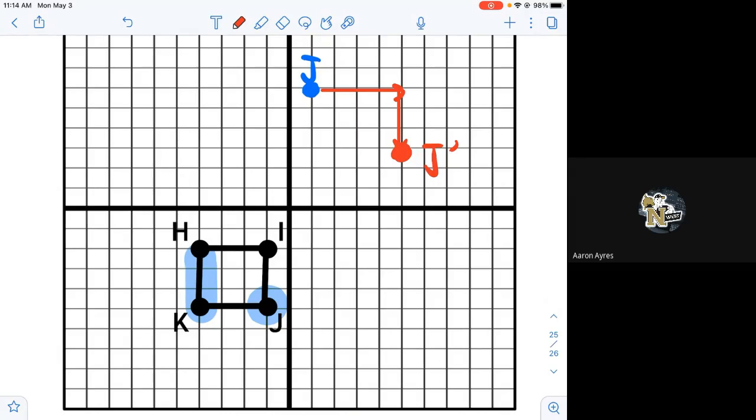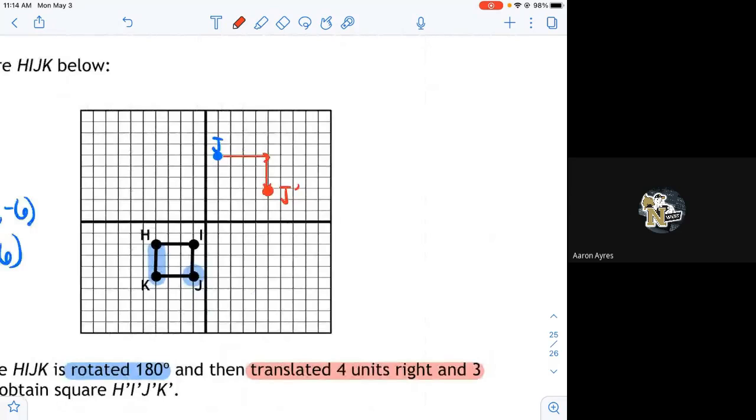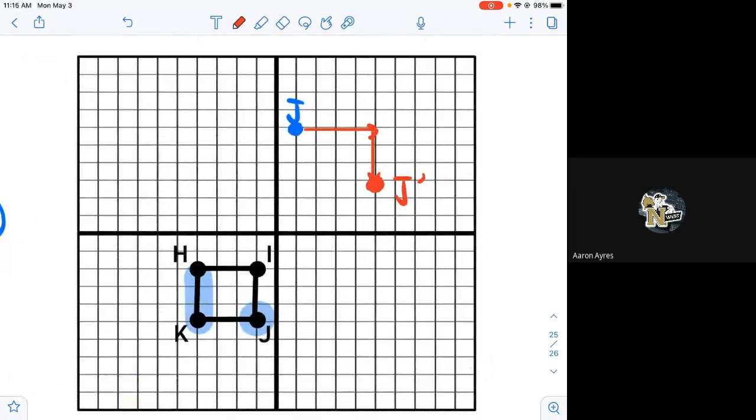Okay, 6, 3, sorry. 1, 2, 3, 4, 5, 6. What was the transformation? 4 units right? Did I go too many? 1, 2, 3, 4.